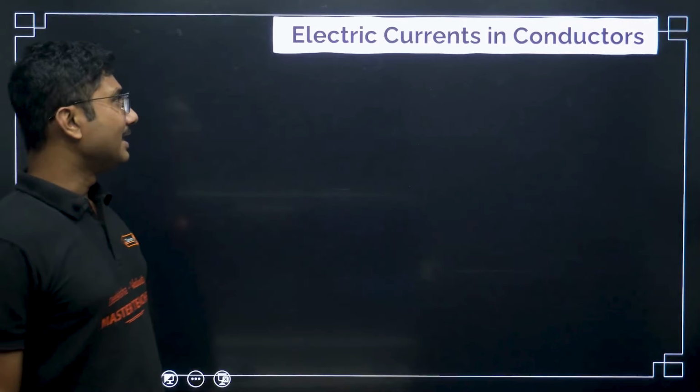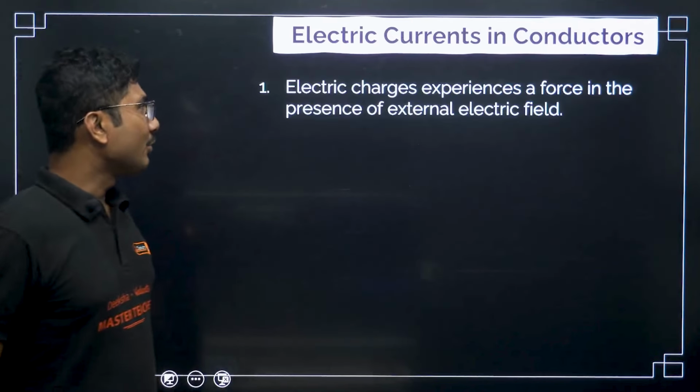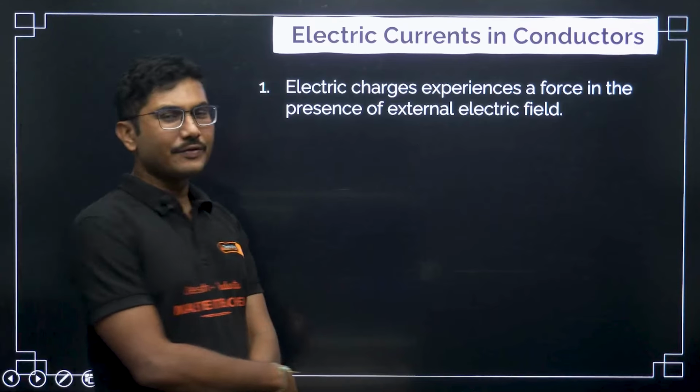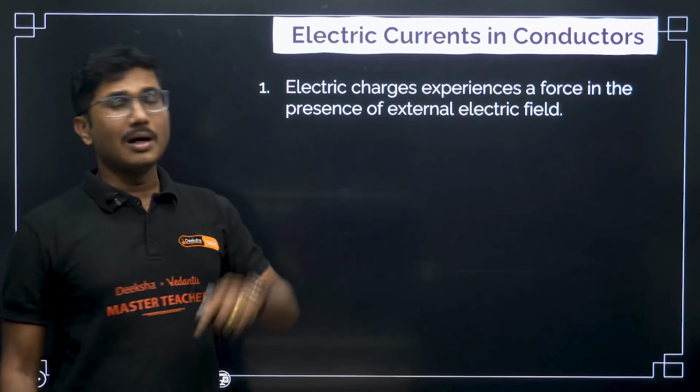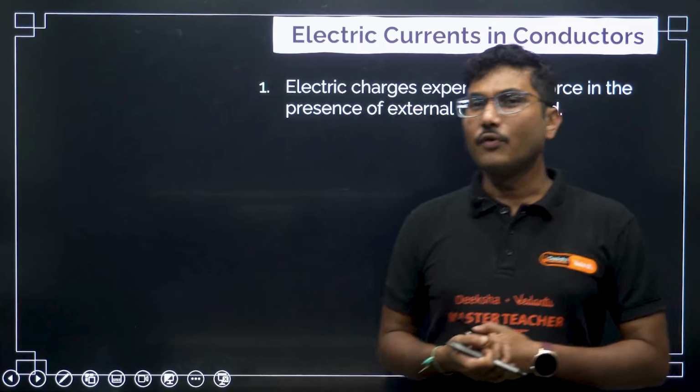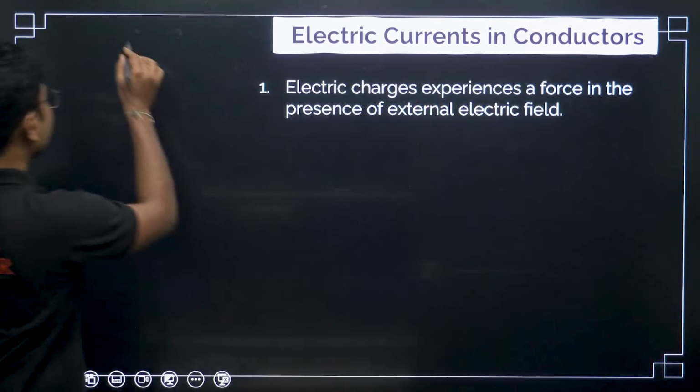Now electric currents in conductors. Electric charges experience a force in the presence of an electric field. We have already learned about this: charges kept in an external field will experience a force.